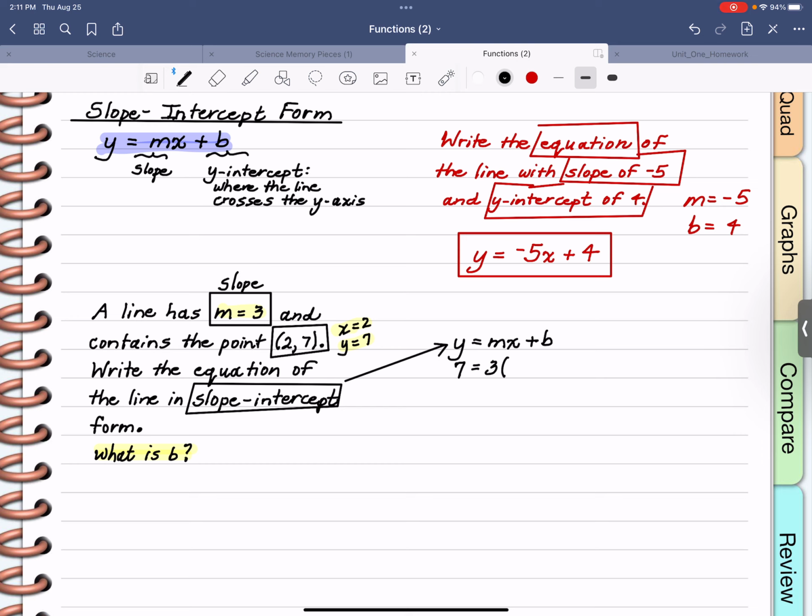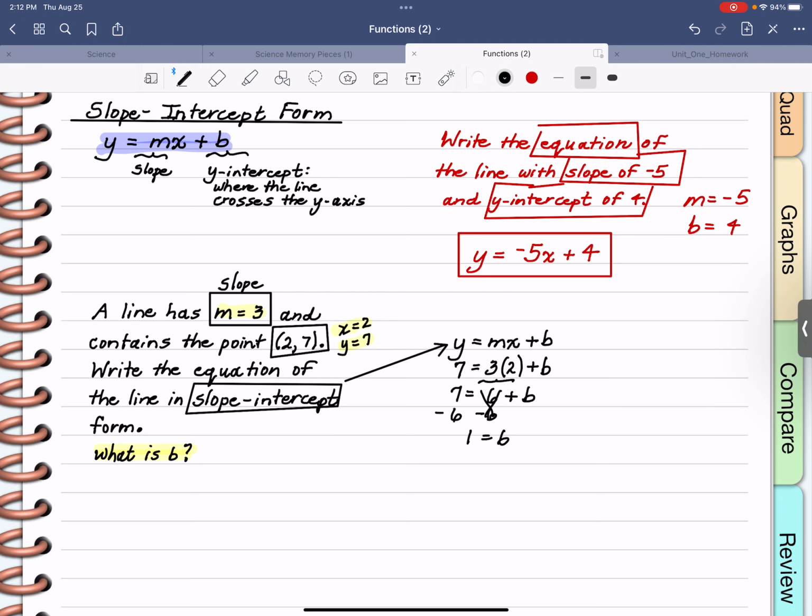We know x is 2. But it's baby b that we don't know. We're about to know. So I have 7 equals 3 times 2. That's 6 plus b. I will subtract 6 from both sides. And I realize then that b is 1.